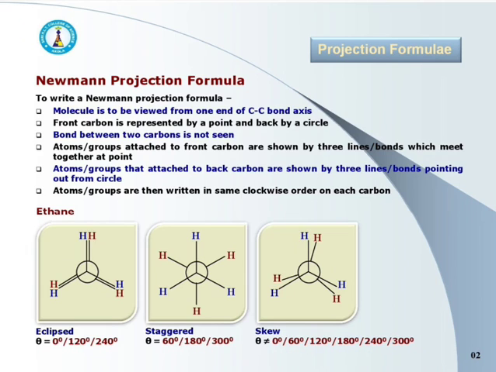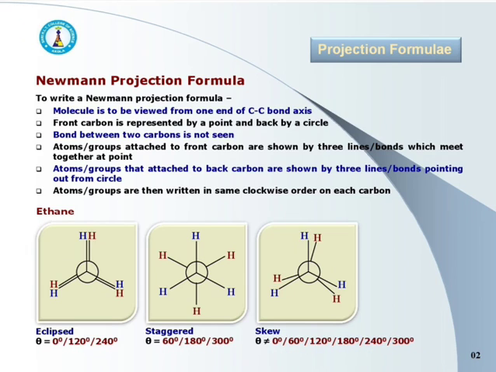Next, the atoms or groups attached to the front carbon atom are shown by three lines or three bonds which meet together at a point.